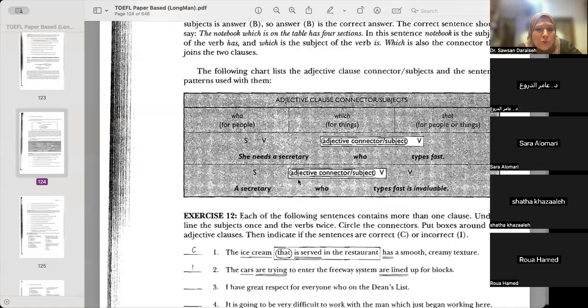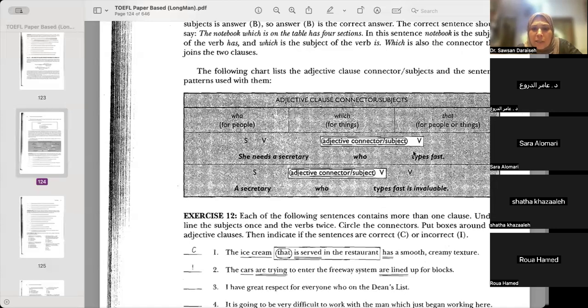So instead of who, we can say that, because that works with people and things. Who is only for people. Which is only for things. So that is the most popular, because it works for this and for that.